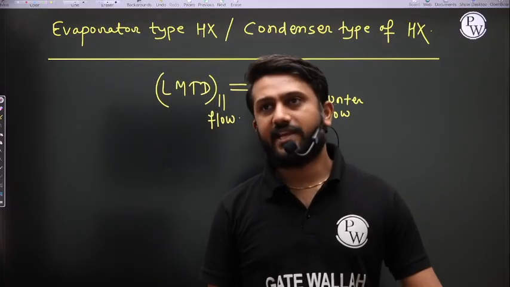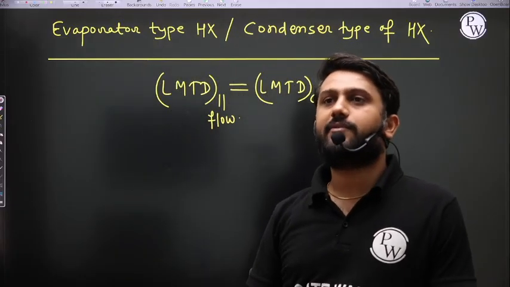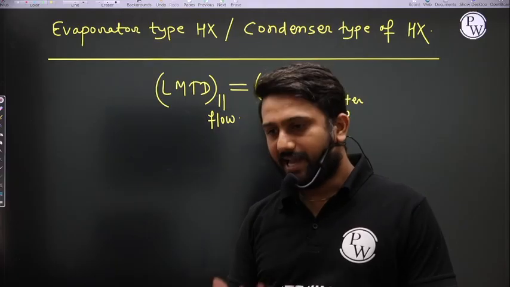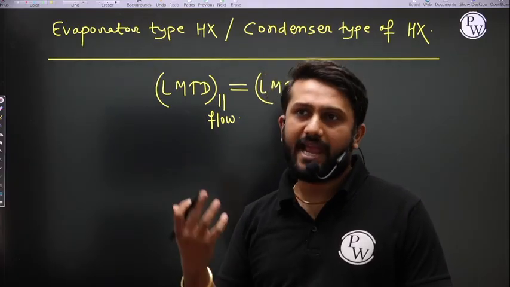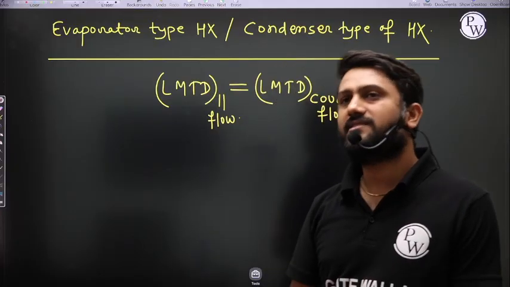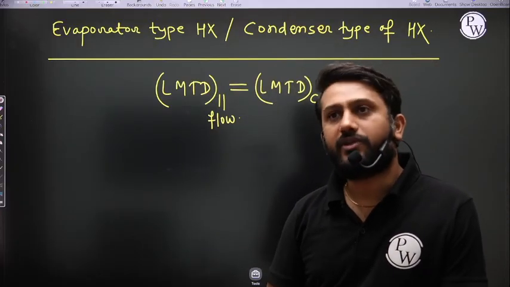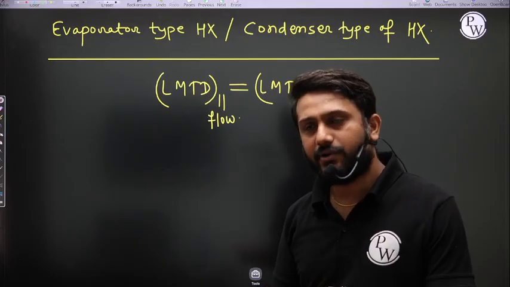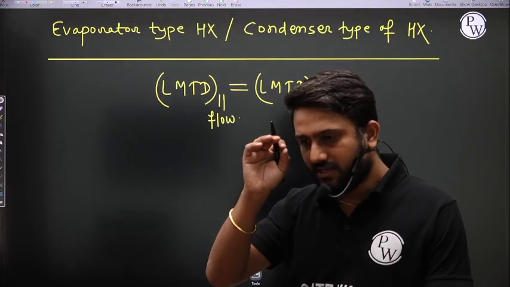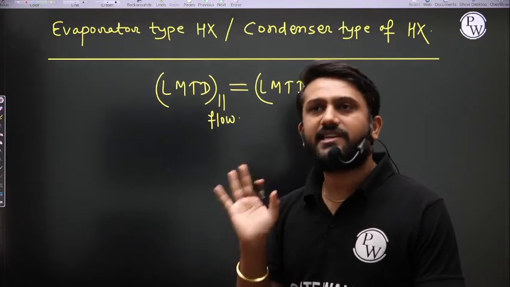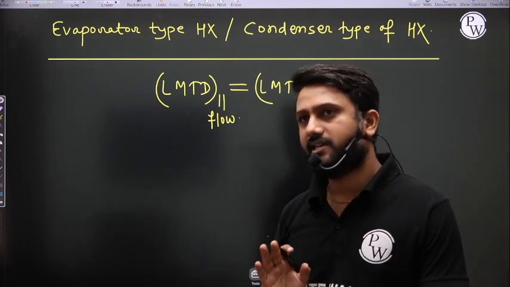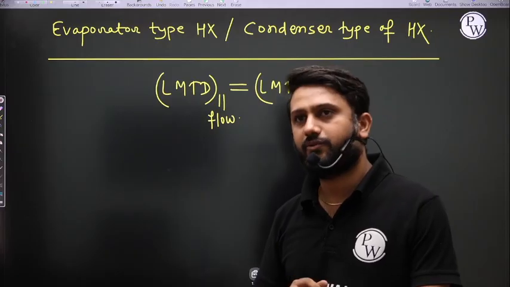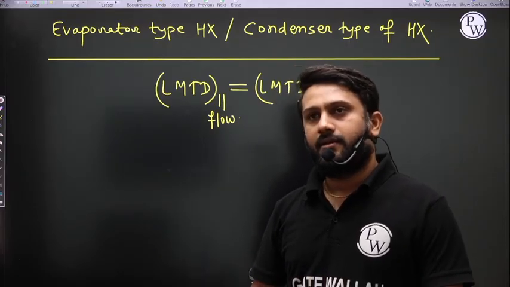Right? If there is an evaporator type or condenser type of heat exchanger, that LMTD does not depend on the type of the flow. That means the type of flow, parallel flow or counter flow. If it is an evaporator or condenser type of heat exchanger, then LMTD will be same in both, parallel flow as well as counter flow. Is it clear?